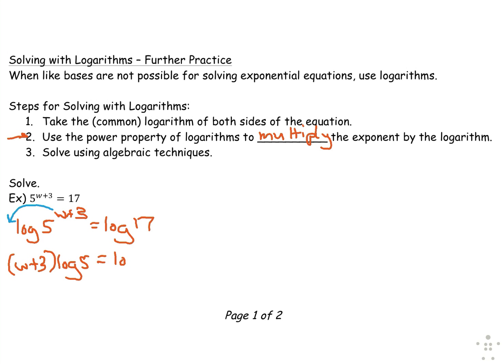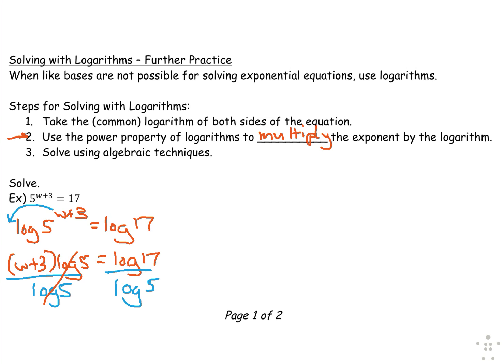There's more than one term there. That will then be multiplied by the common log of 5. If my goal is to get w by itself, and there's only one copy of that w, then really I'll just go ahead and divide the common log of 5 to the other side. I want to isolate that w.